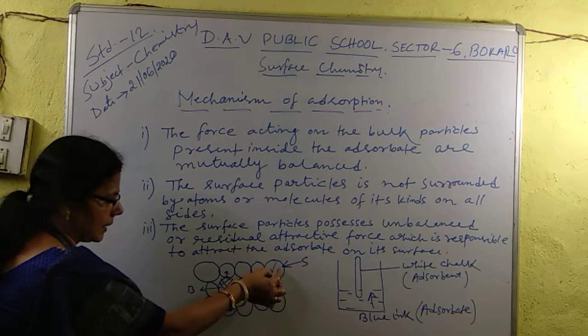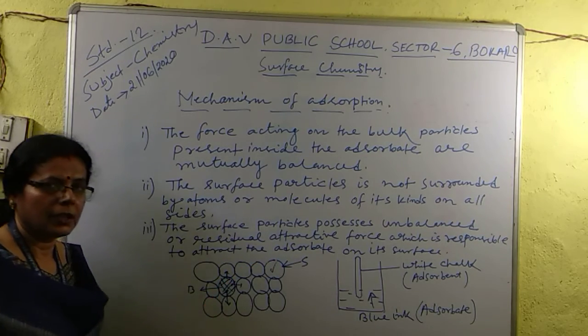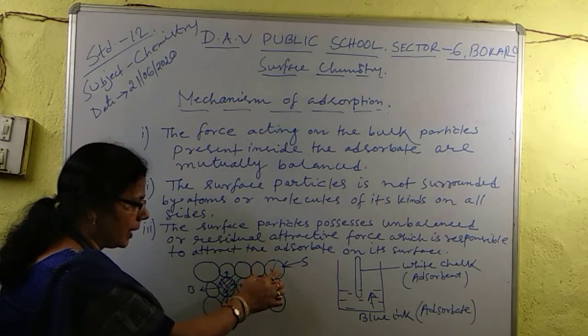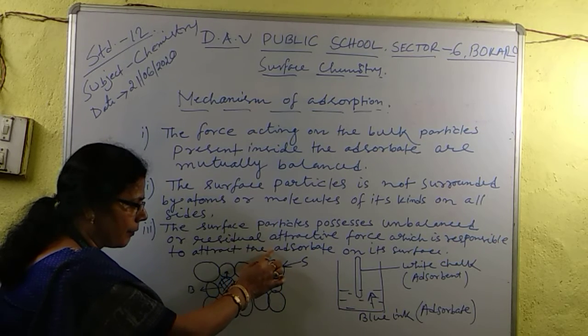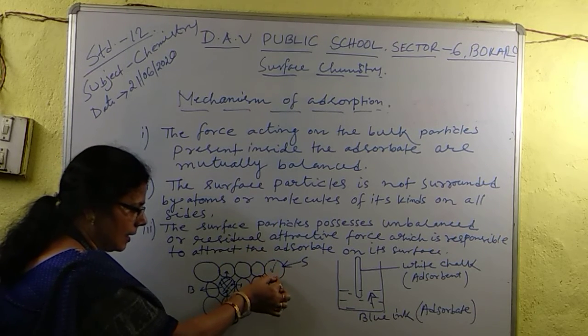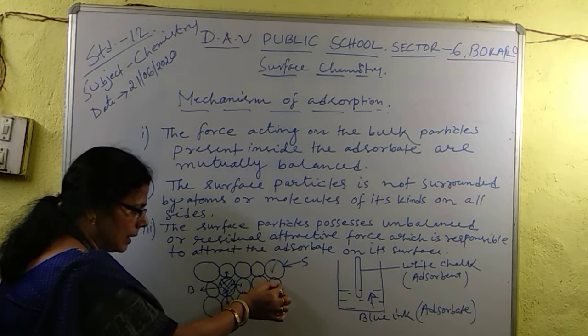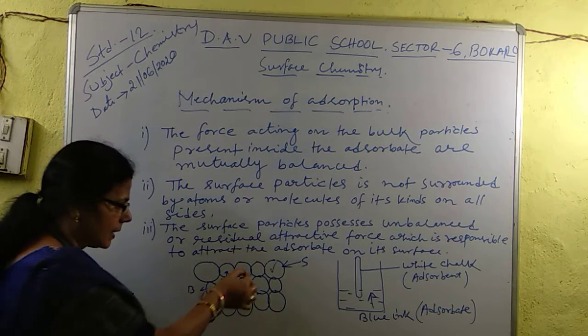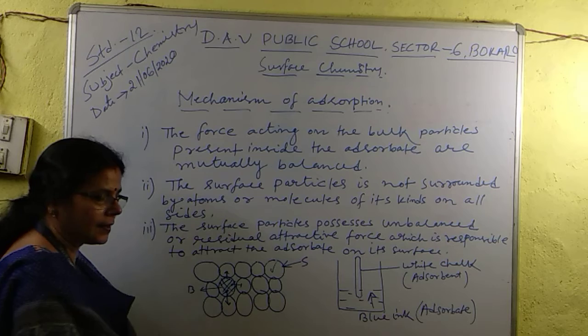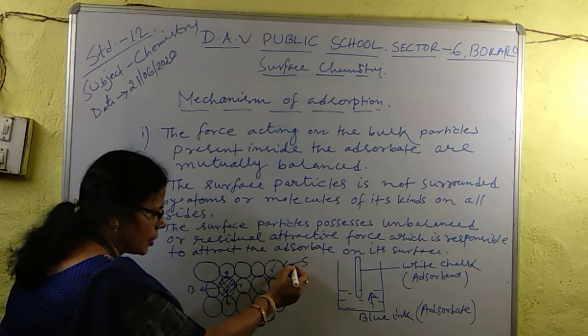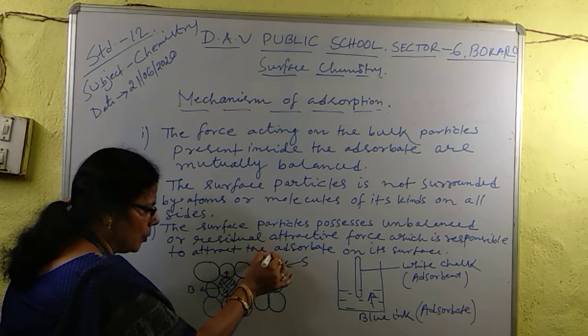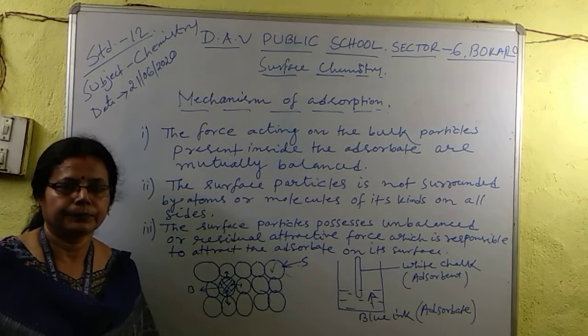But when the particle is present at the surface, it is not surrounded by its own kind from all sides. In the downward direction, there is a particle. This side, there are particles. But there is no particle this side. There is no particle on the upper side.